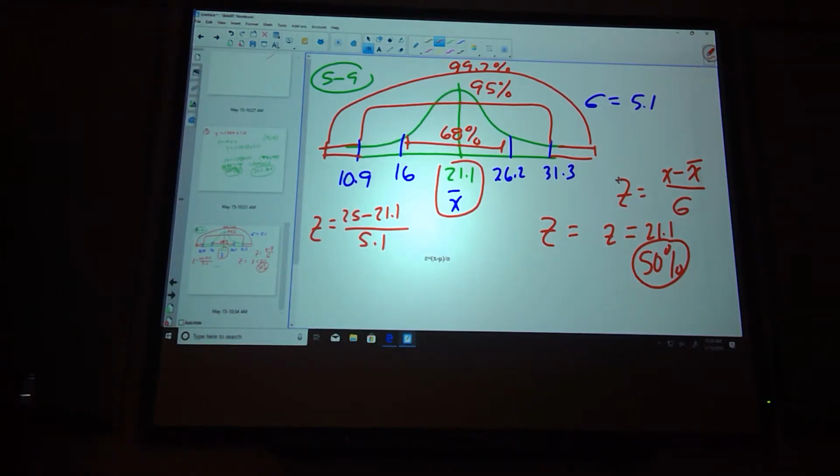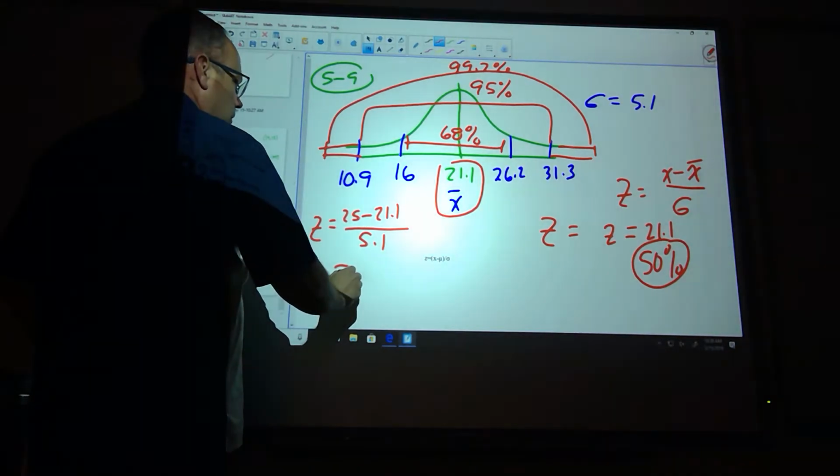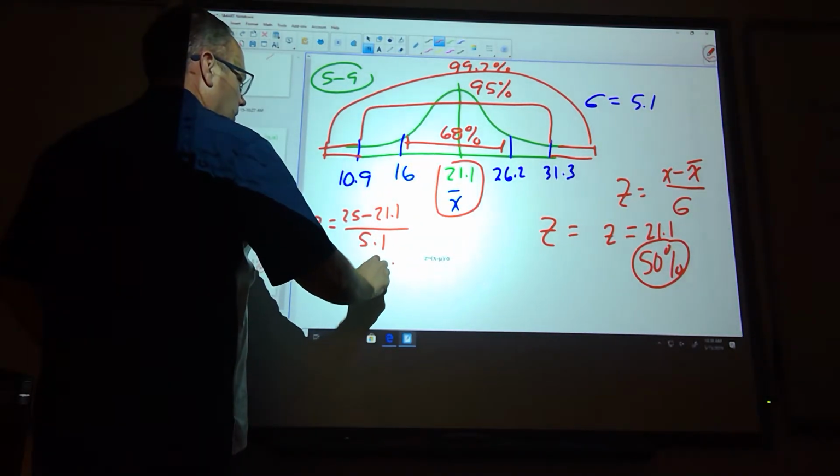That's the standard deviation I was given. 25 minus 21.1 is 3.9, divided by 5.1 is 0.7647, about 0.76.